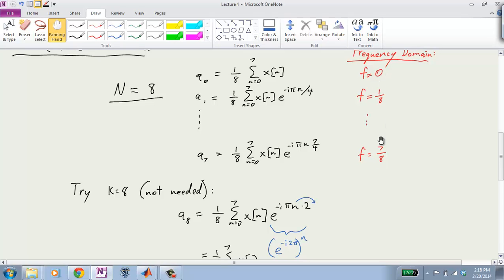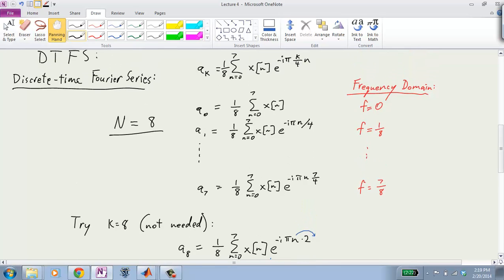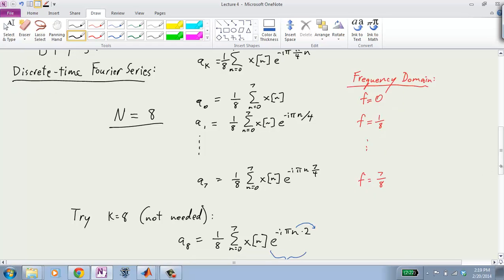All right. The other thing is this. It's often the convention not to look at frequencies from 0 to 1, but instead to look at frequencies from -0.5 to 0.5. And so what we can do is calculate Fourier series coefficients for negative k. And we'll find that because it's periodic, what's a of -1 going to be?